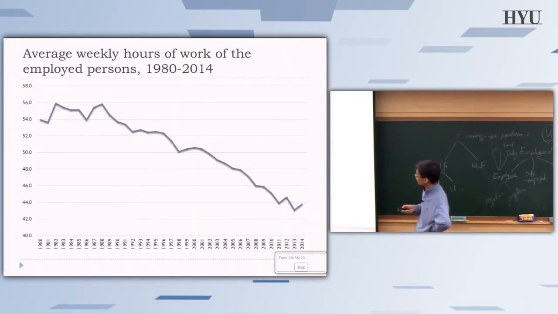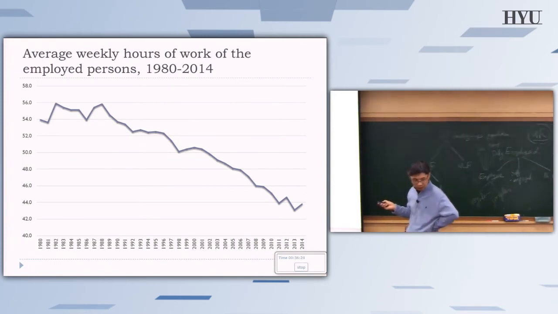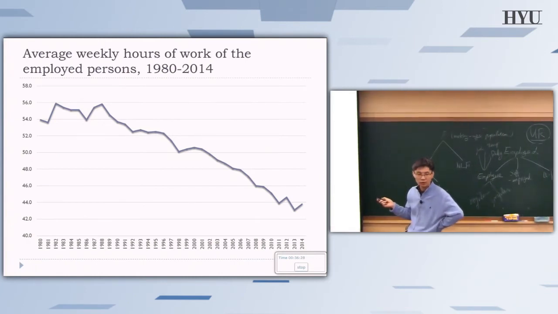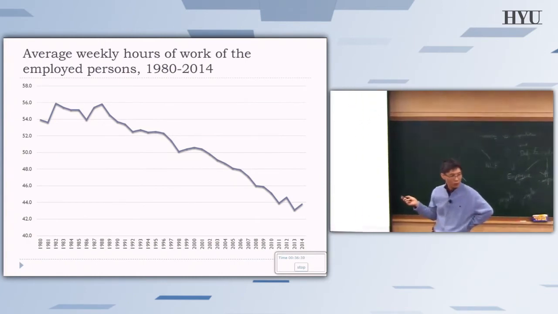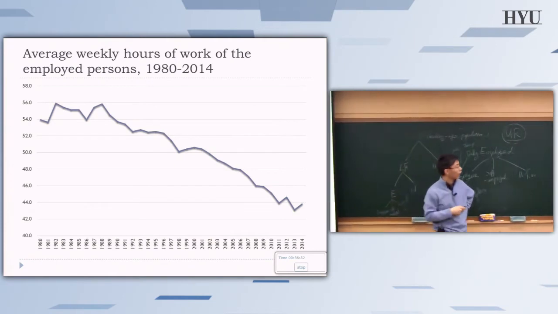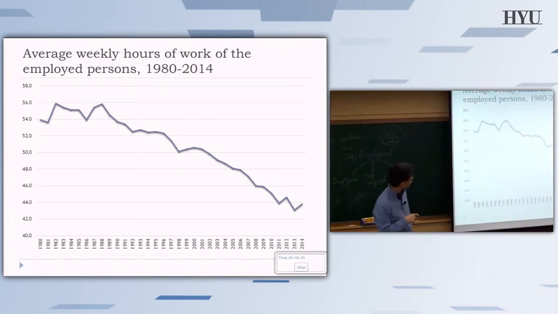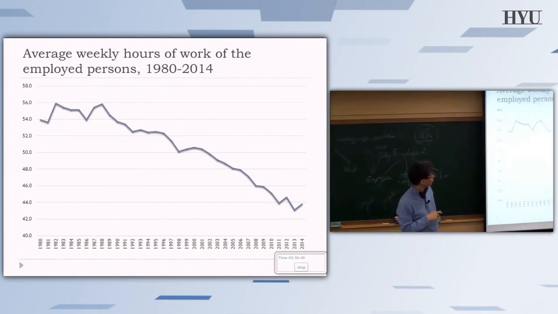Okay, now let's see these ones. Another thing about labor supply: what's important is not only whether you work or not, or what percentage of people are working, but also how long they work. So this one shows the average weekly hours of work of the employed person, 1980 to 2014, about 35 years of statistics.